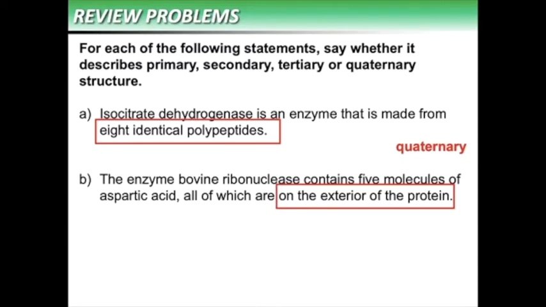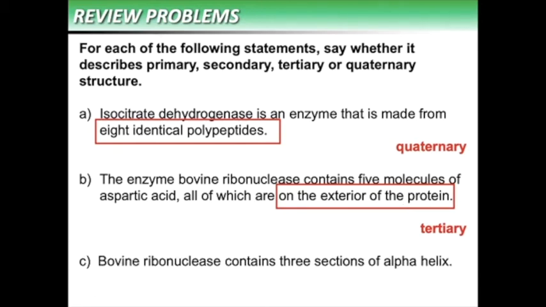And if I'm looking at something that is charged and it ends up on the outside of the protein, we're talking tertiary at this point. Particularly in this case, we'd be discussing polar interactions. If I went to tell you about how aspartic acid interacted with a histidine or with a lysine, where it was an acidic and basic, you might then tell me that it was an evidence of a salt bridge. That would still be tertiary structure, though. It's all about where the individual amino acids end up in the final folded structure.